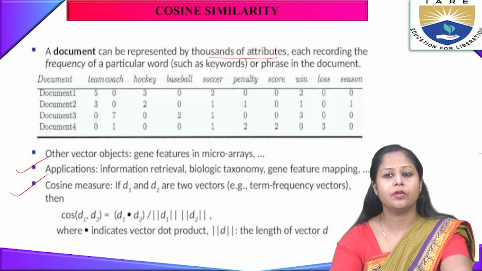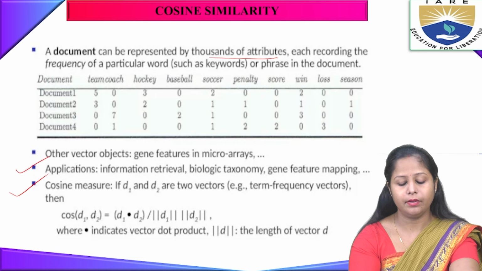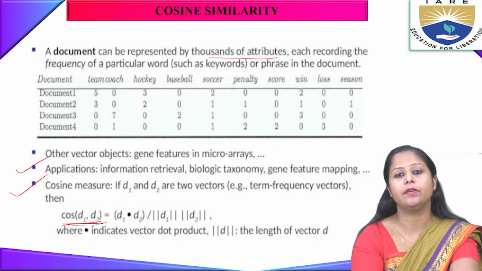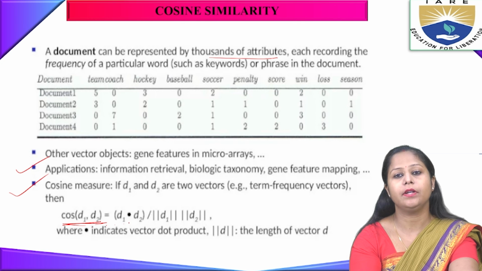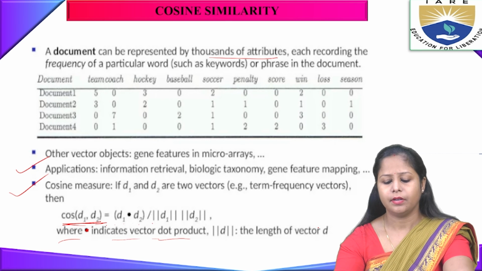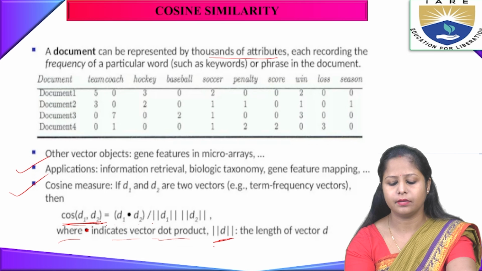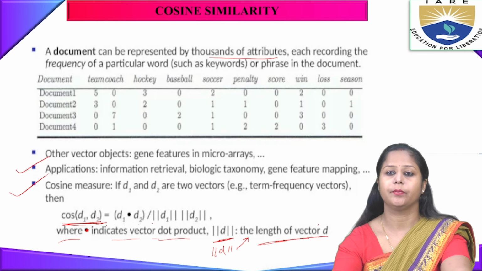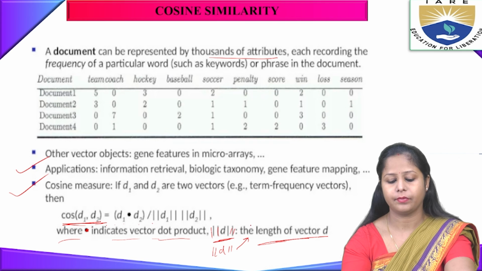If d1 and d2 are two vectors, that is, term frequency vectors, then we calculate cos(d1, d2) is equal to d1 dot d2 upon ||d1|| ||d2||. Here the dot indicates the vector dot product, and the norm ||d|| represents the length of the vector d.